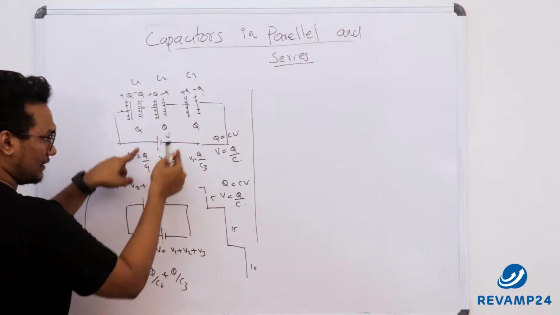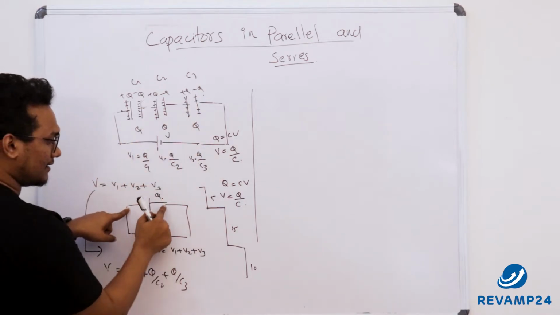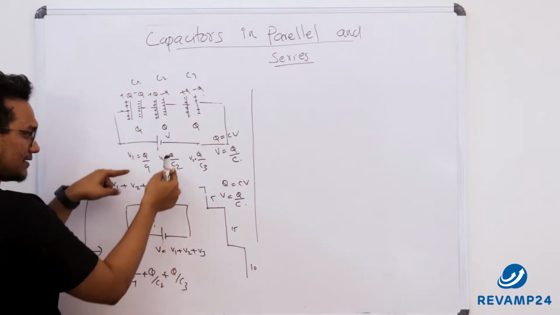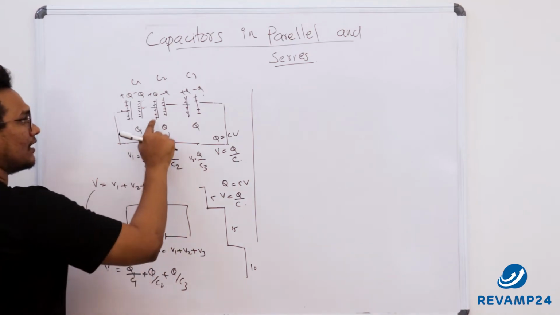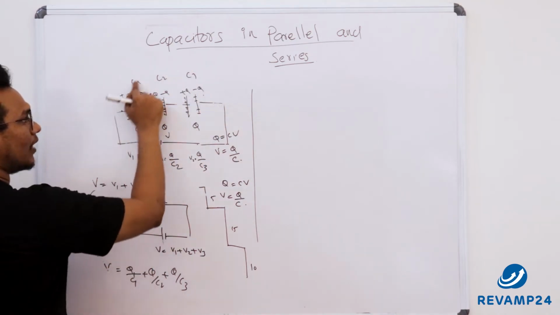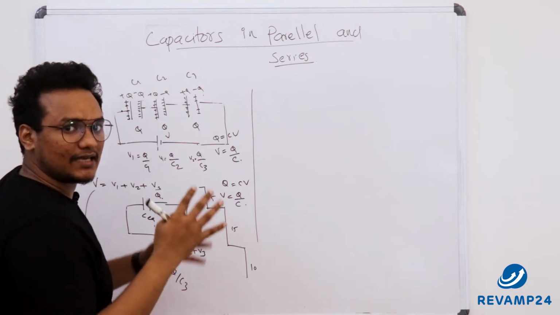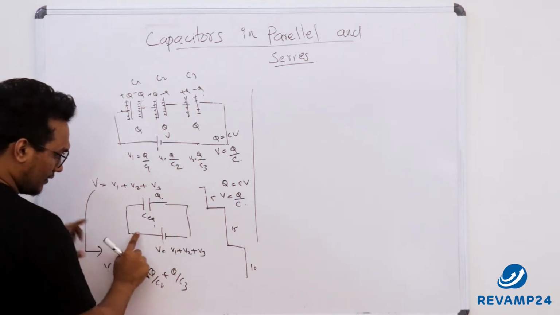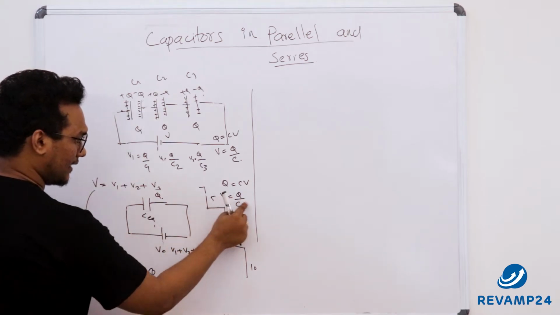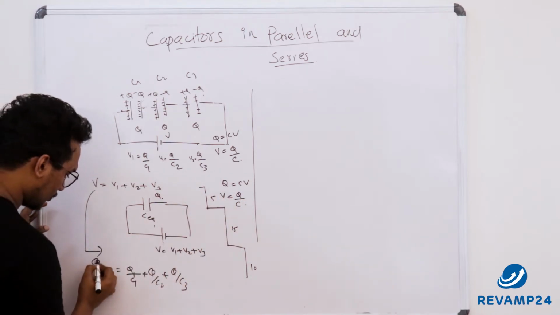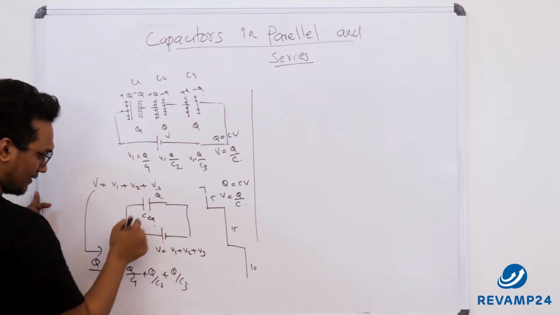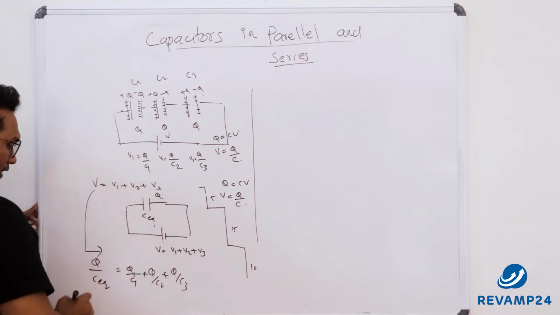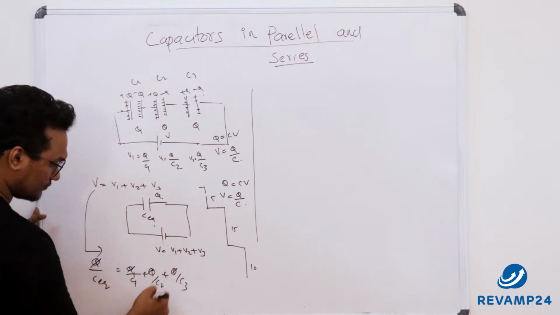I have simulated this as an equivalent capacitor delivering the same thing that these 3 capacitors are delivering together. Now this V is nothing but Q by C, that is C equivalent. Now I can cancel out all Q.